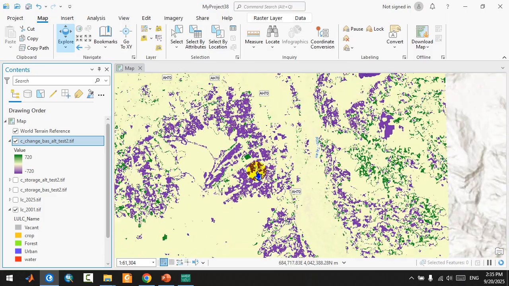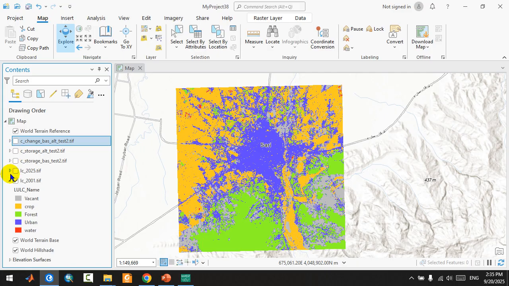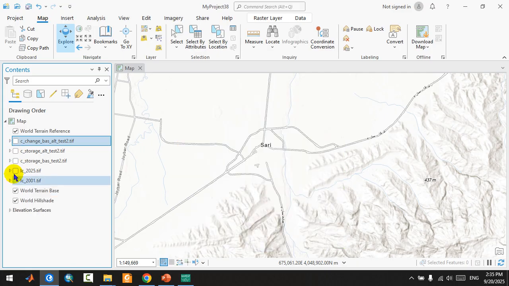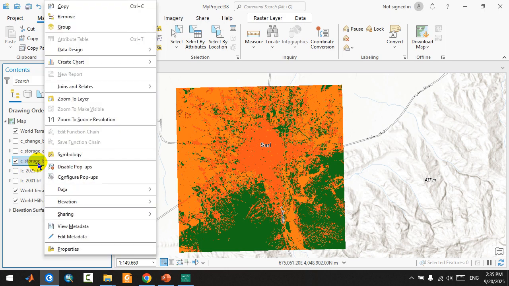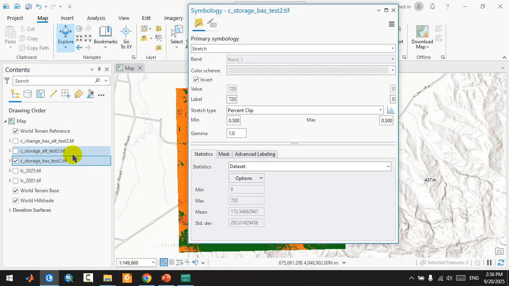Okay, this change between the baseline and alternative years is very, very important. Now on the carbon baseline, right click, symbology, classify.